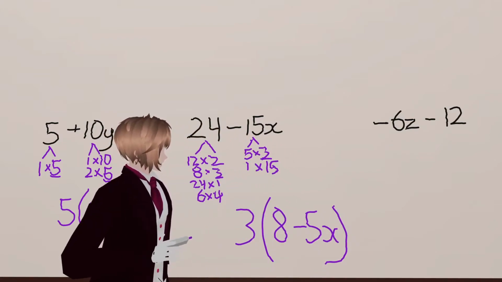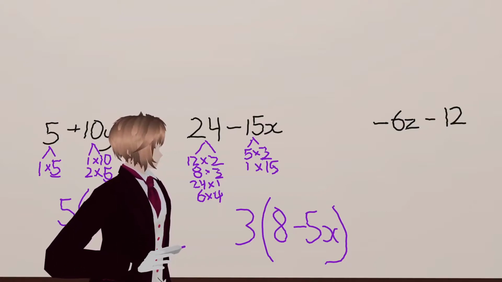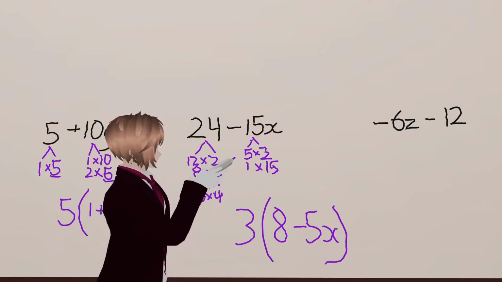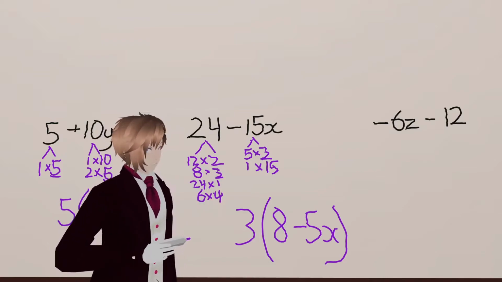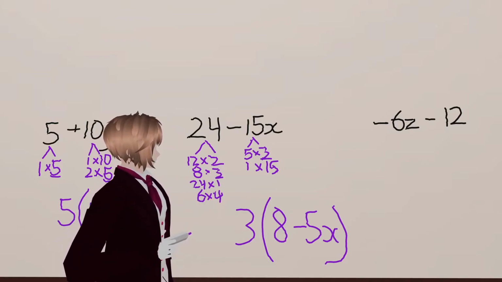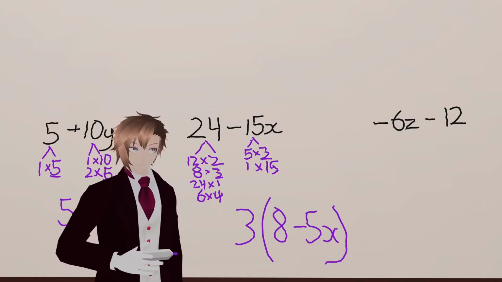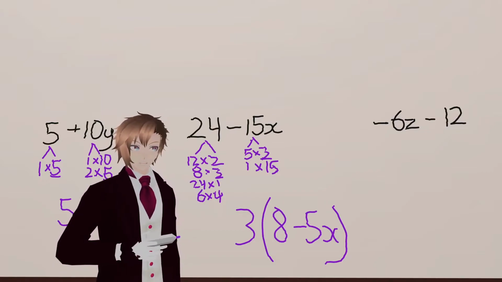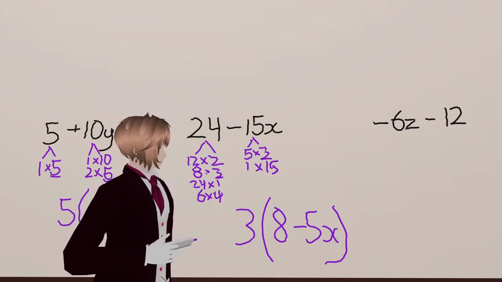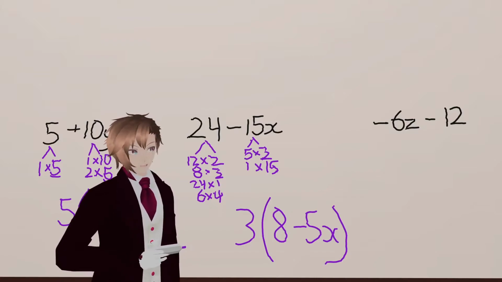Let's have a look at this last one. I'm going to do the same thing, but there's also something else common between these two numbers. Can you see what it is? Both of them are negative. So there is a negative common factor between them. So let's write down our common factors.